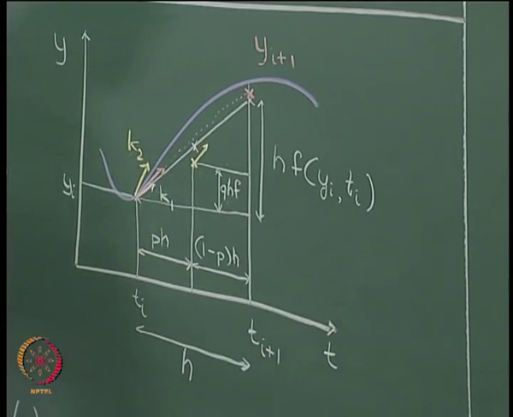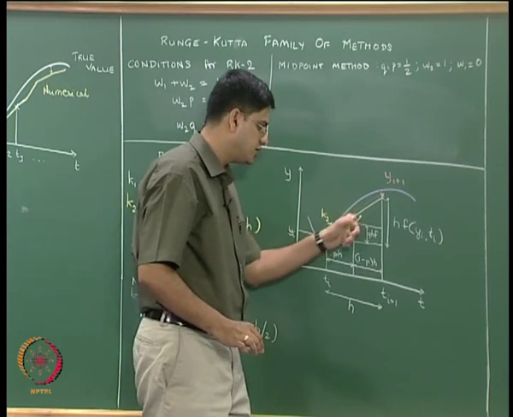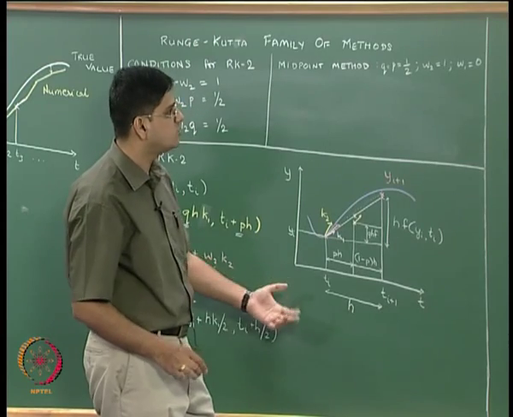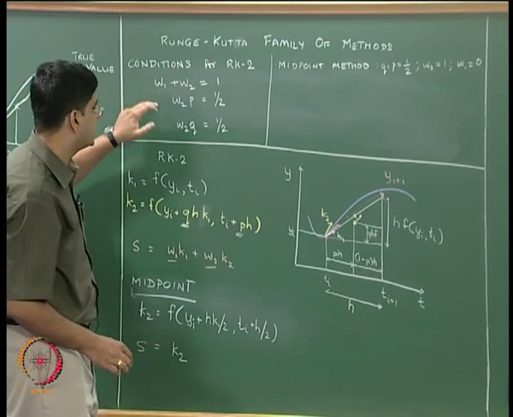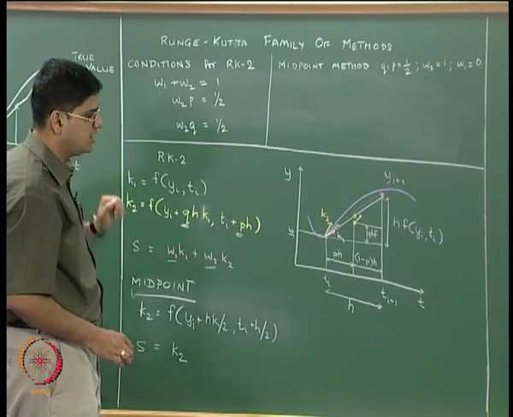And since p is going to be equal to q, these points are going to lie on this particular line always. Okay. That is one thing that we will see from the RK2 methods, that if we look at these two equations, p is always going to be equal to q.